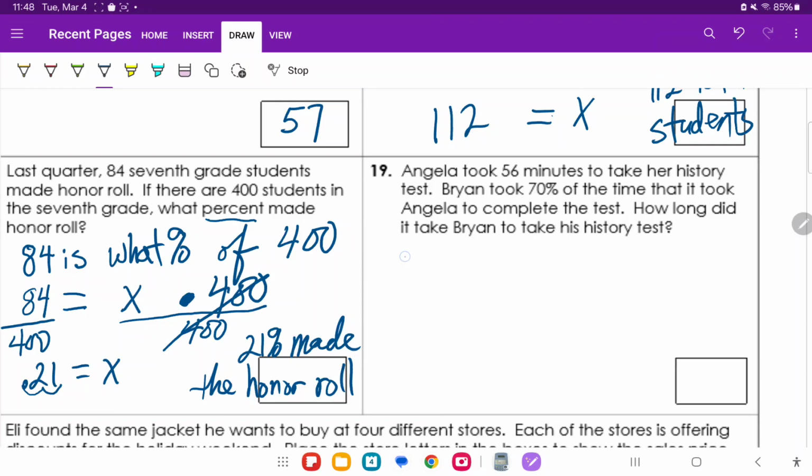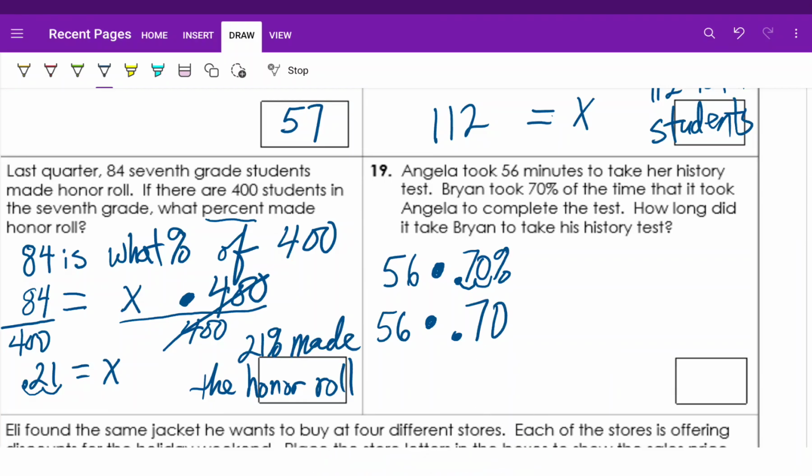We're going to take Angela's 56 minutes times 70%, because it only took Brian 70% of that. Now, we need to change the 70% to just a decimal by moving the decimal 2 places. So that's going to be 0.70. So we're going to jump over here and do 56 times 0.70.